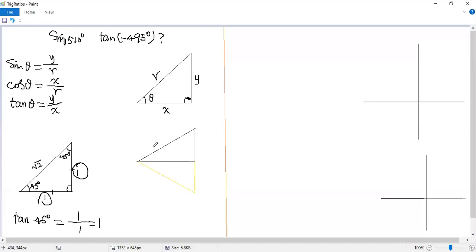Now let's look at the other special triangle. So 30 degree, 60 degree, and 90 degree. Let's assume the side corresponding to 30 degree is 1. How long is the hypotenuse?